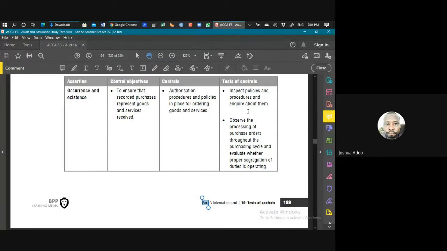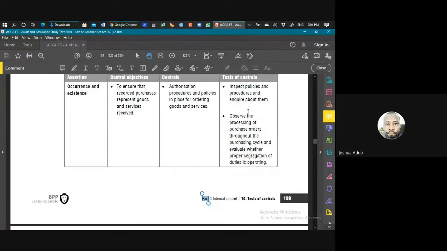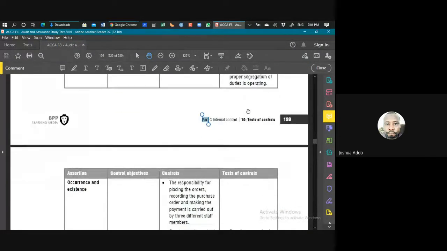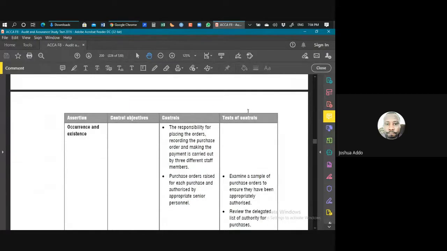Now let's go to the next control that we have to set up to make sure that all recorded purchases represent goods and services received. No fictitious, no erroneous purchases. The next control is that the responsibility for placing the orders, recording the purchase order, and making the payment is carried out by 3 different staff members. This is very important. Let me repeat it. We talked about this last time.